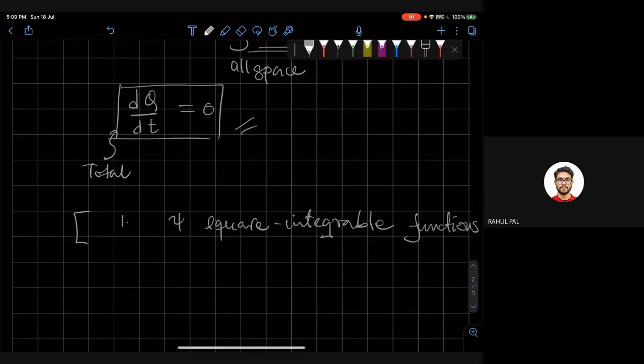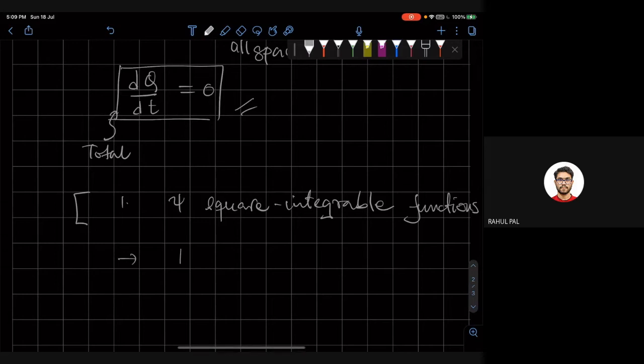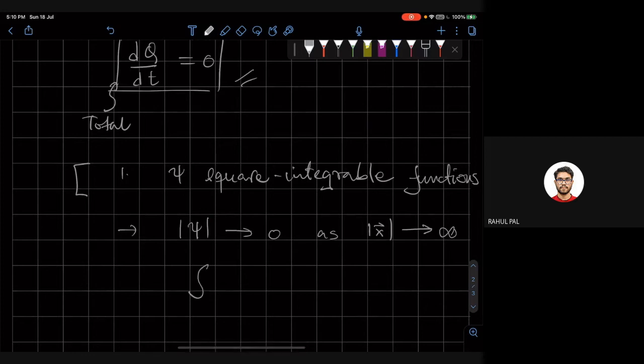Square integrable functions means that a function psi, its modulus will go to 0 as its space-time argument goes to infinity, in a sufficiently rapid manner, such that this object is a finite number.